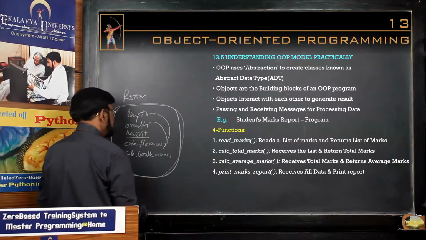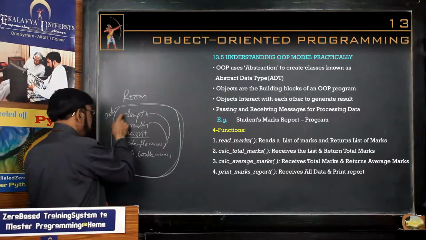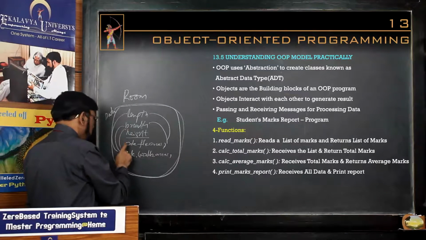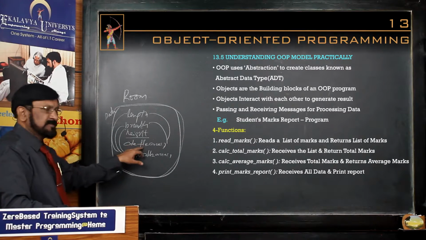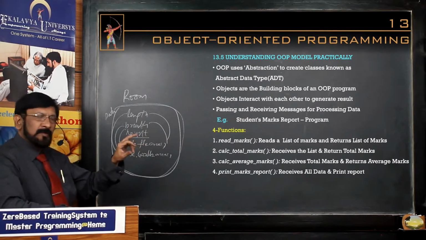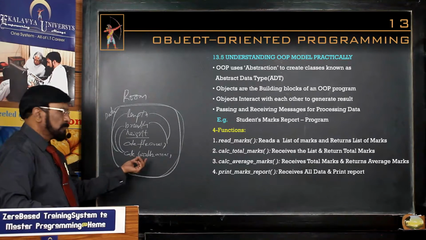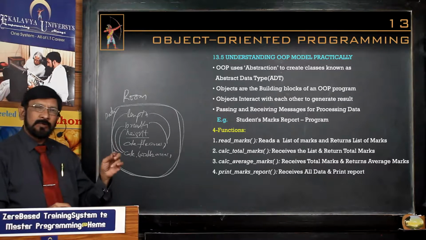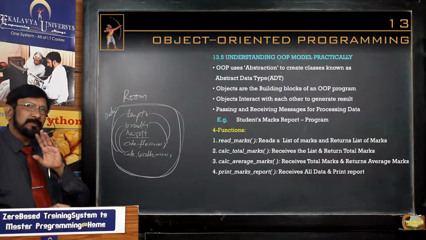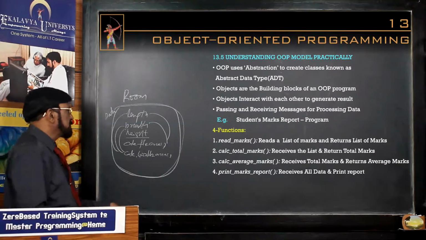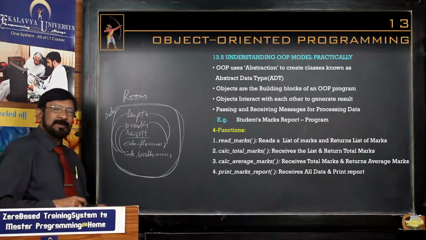It requires length and breadth. Calculating four walls area requires all three. The formula for floor area is length and breadth. Four walls area is 2 into height into length plus breadth. That's why it requires all three: length, breadth and height.